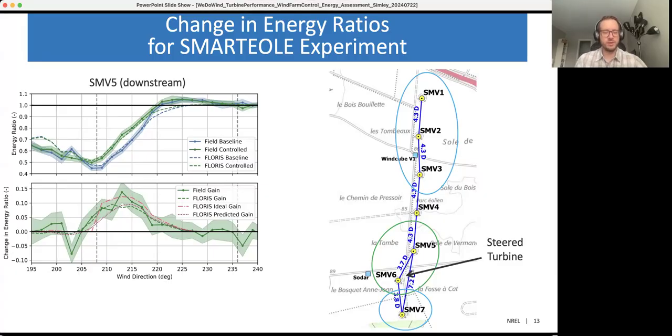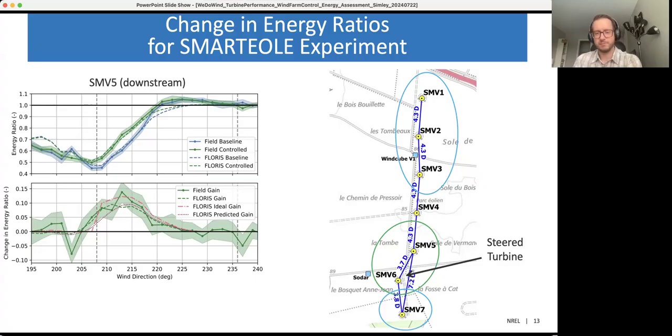So what this is showing is that for wind directions of about 205 to 225 degrees, there's an increase in the energy ratio when we have wake steering active, and that peaks at about 10% of the power of our reference turbines.